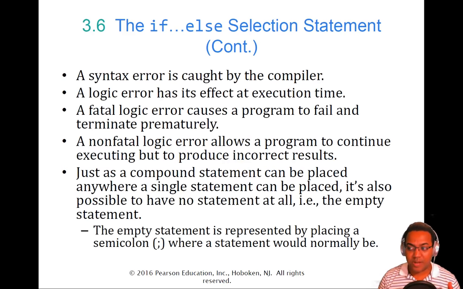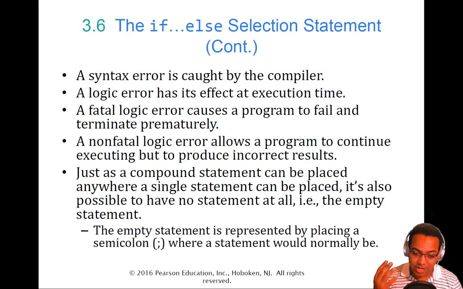So, we spoke about this as well in Chapter 2 and Chapter 1. A syntax error is a written error by the programmer that is caught by the compiler. You won't be able to compile the code if you have a syntax error, and the compiler will catch it and tell you about it. A logic error is an error that appears when the program is run, either by the user or tested by the developer. That doesn't necessarily throw an error.